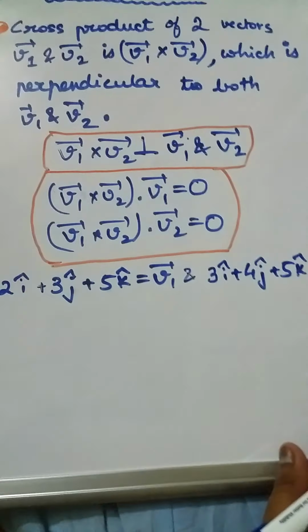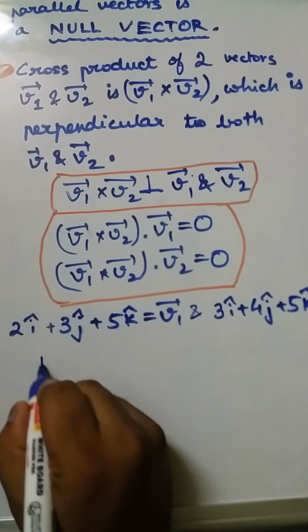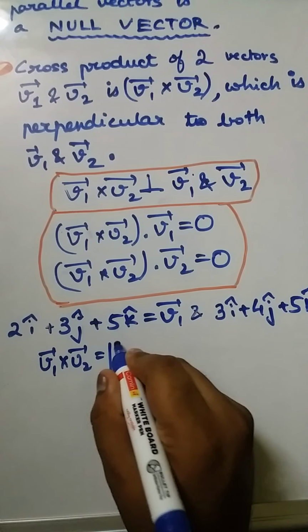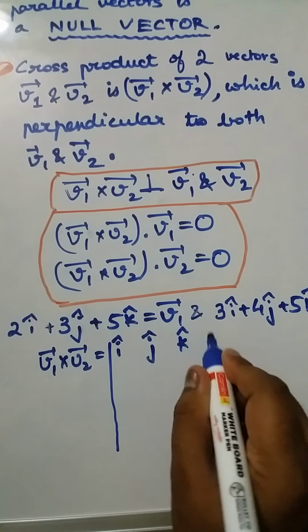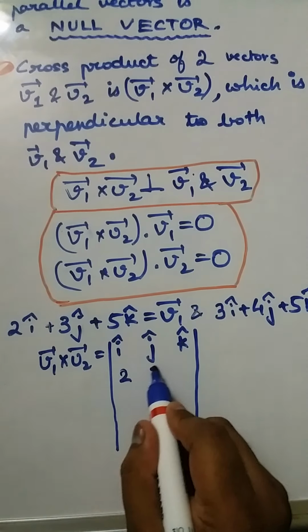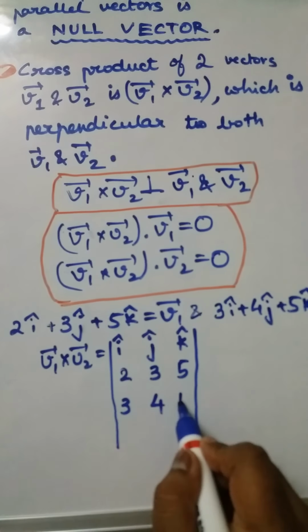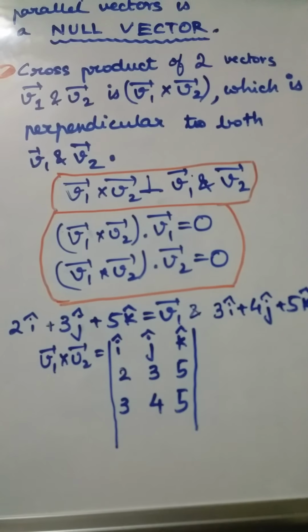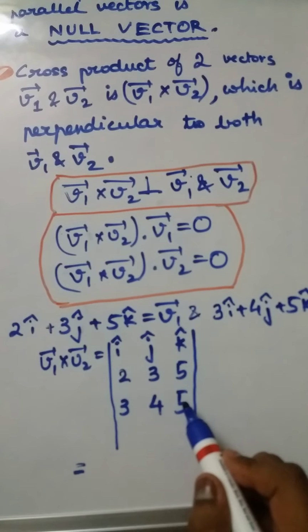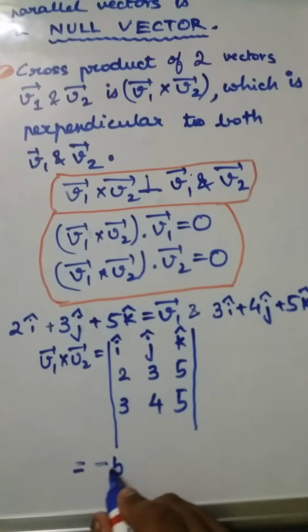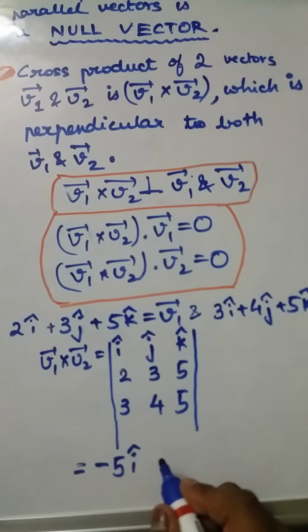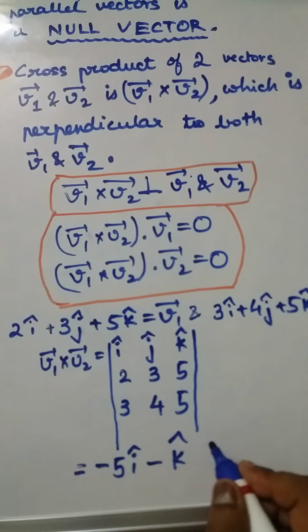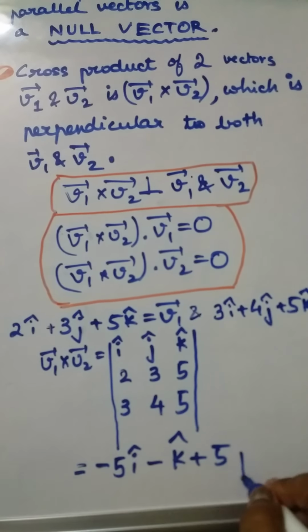So v1 cross v2 can be written as: now 3 into 5 is 15 minus 4 into 5 is 20, so minus 5 i cap, minus k cap, plus 5 j cap.